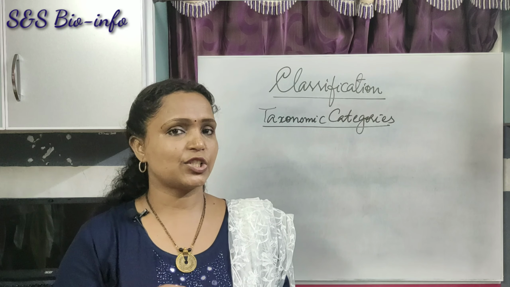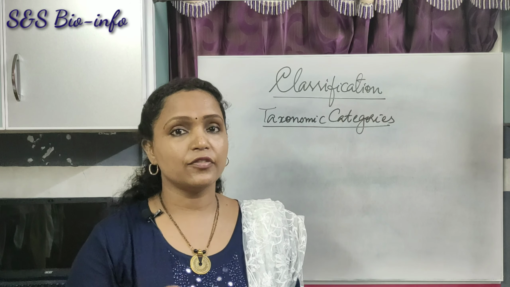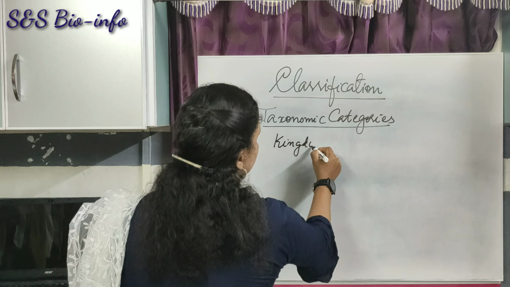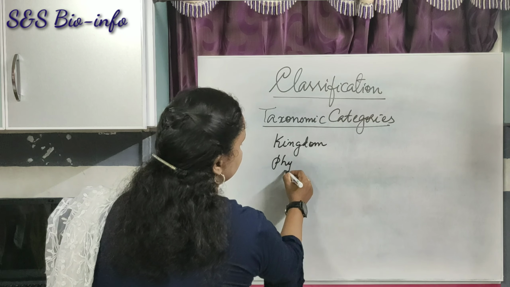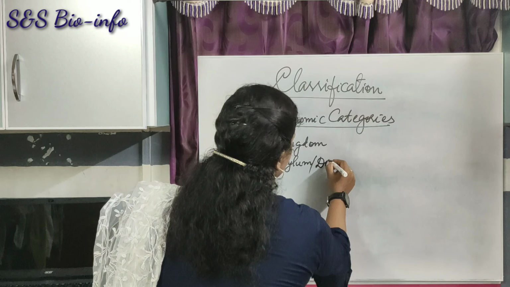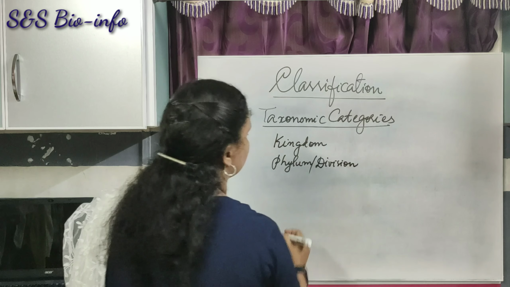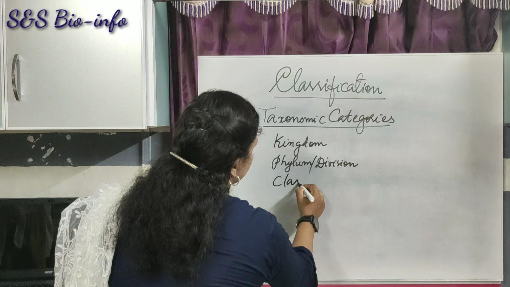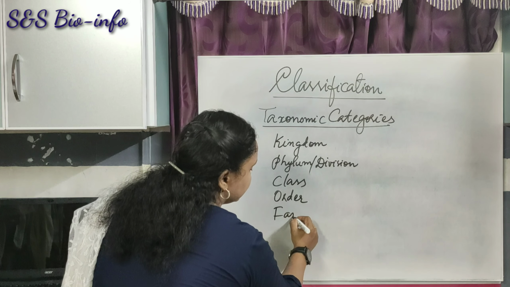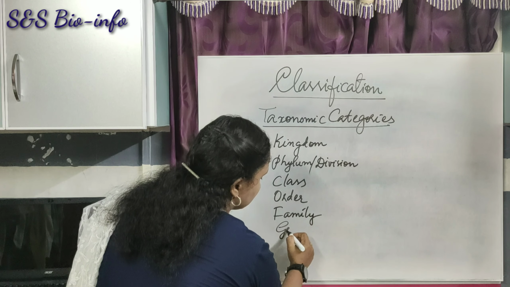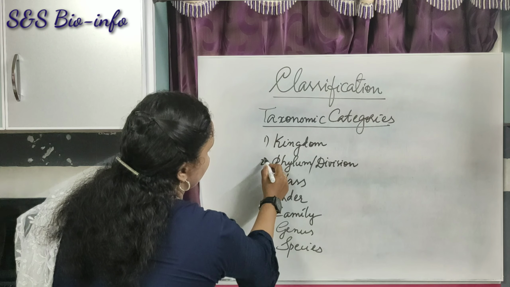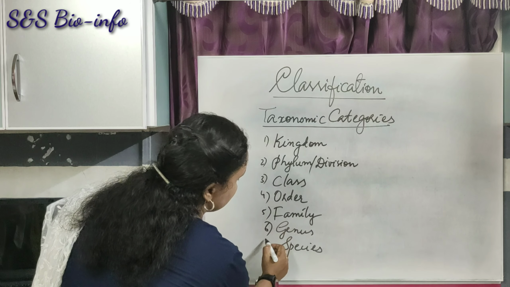The major taxonomic categories used in the classification process are kingdom, phylum for animals and division for plants, class, order, family, genus, species. 1, 2, 3, 4, 5, 6, 7.